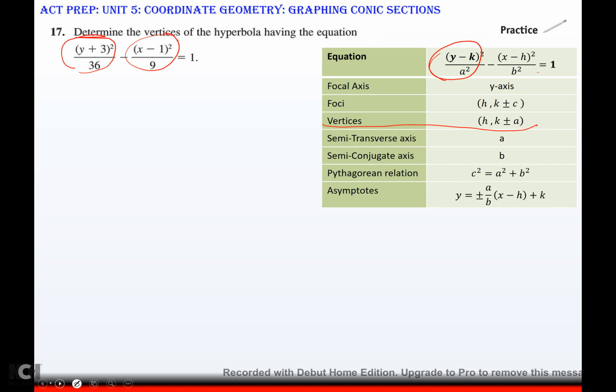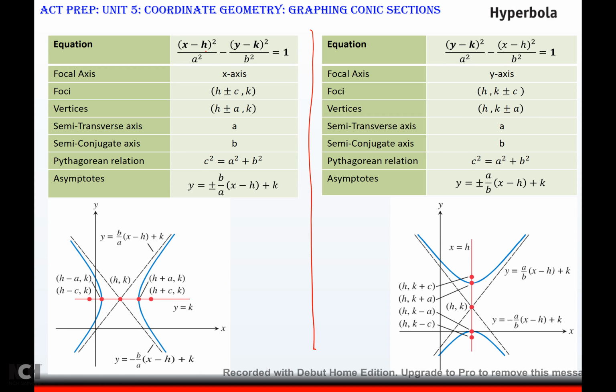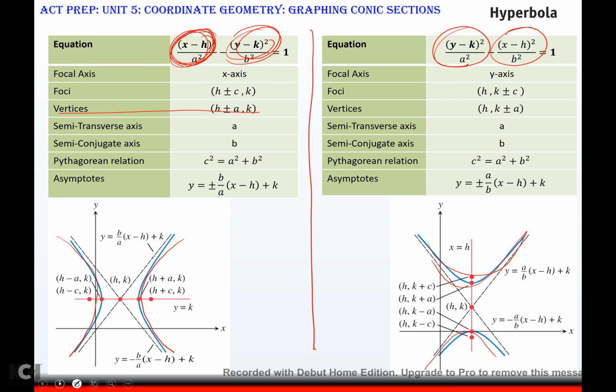Whereas if the x's are subtracting the y's, then your vertices are h plus or minus a comma k. When it's the x's subtracting the y's, your hyperbolas face each other sideways. When it's the y's subtracting the x's, then your hyperbolas face each other vertically.